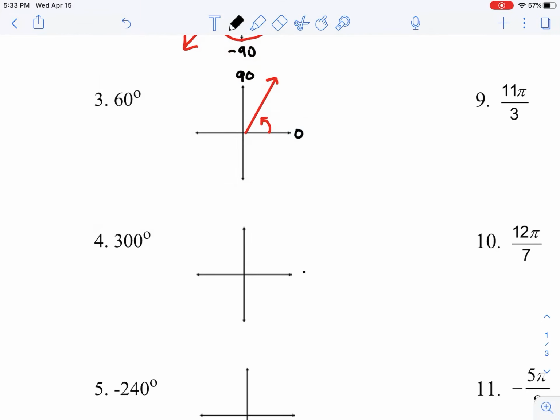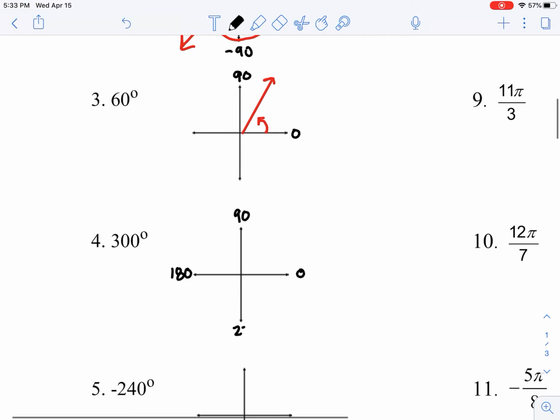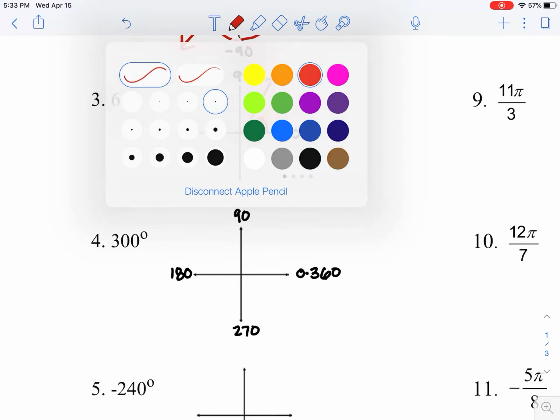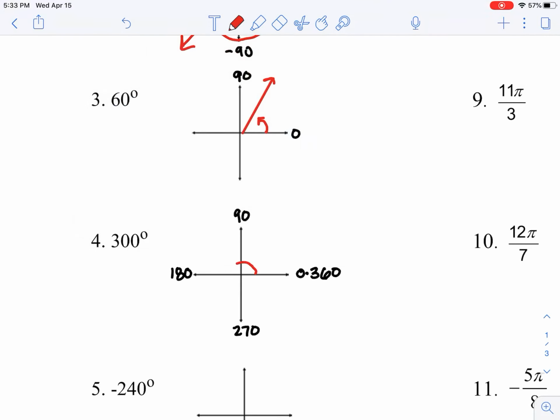So then where's 300? Well, 0, 90, 180, 270, 360. So it's going to go all the way around. Here, here, here. And it's going to make it somewhere in that last piece, but not all the way to that end part.